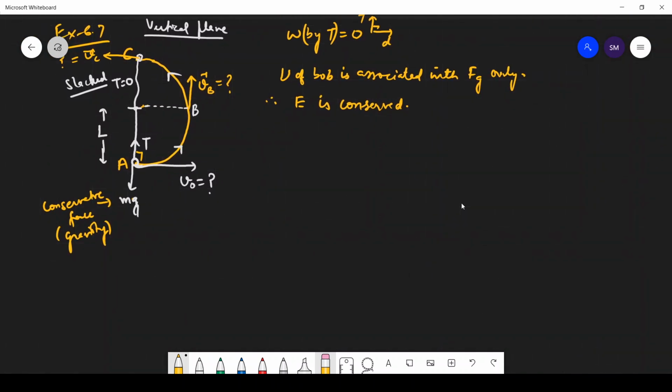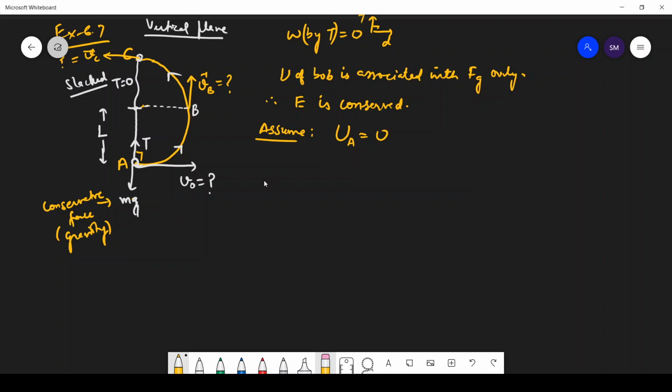Now, what is the potential energy here at A? So the lowest point. So this is an assumption, it's our choice where we are taking the potential energy as 0. So at A, potential energy is 0 at the lowest point.